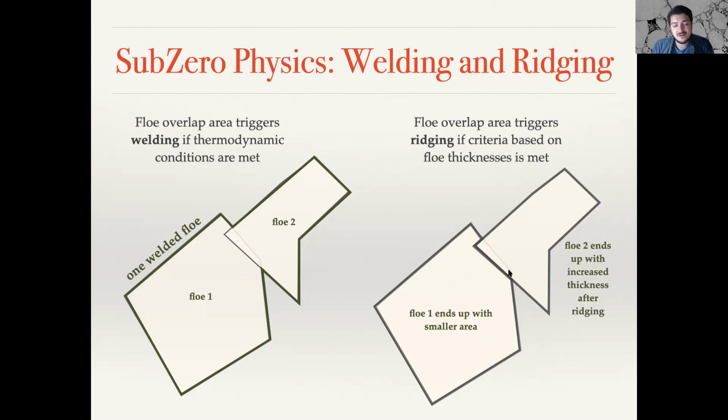on experiments for colliding two chunks of ice of two thicknesses, and using criteria based on thicknesses to figure out if ridging occurs. So when ridging occurs, if one flow is thicker than the other, then one flow over here will basically absorb the thickness of another flow.